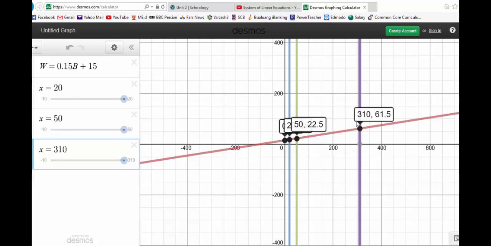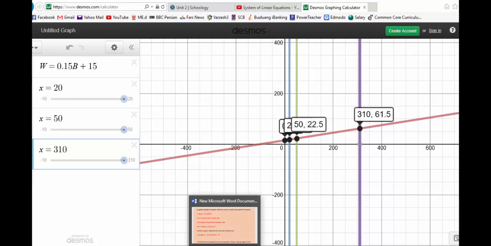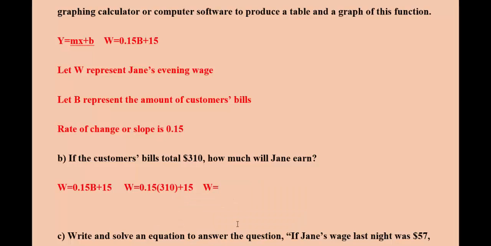So if the bill is 310, she gets 15% of that, plus $15 for her shift, she will get $61.5, which is not bad for a shift work. So the answer is $61.5.